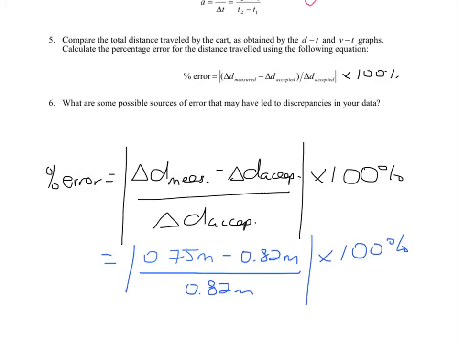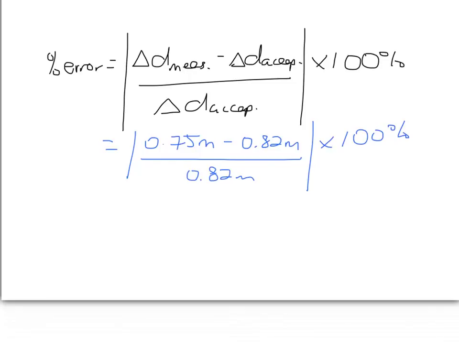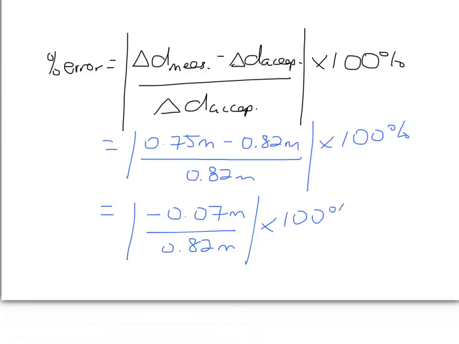Okay, so now based on the values that I obtained, let's see if we can calculate what our percentage error is. If I take a look at the numerator side, I end up with an answer of negative 0.07 meters divided by 0.82 meters times 100%.